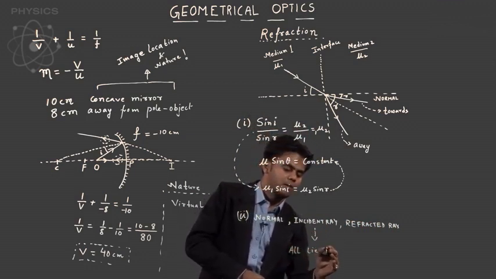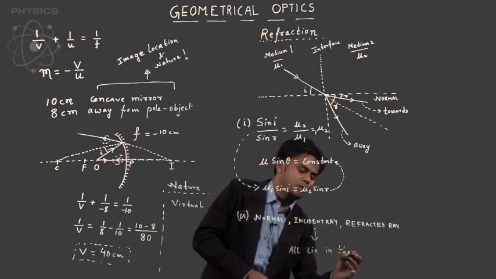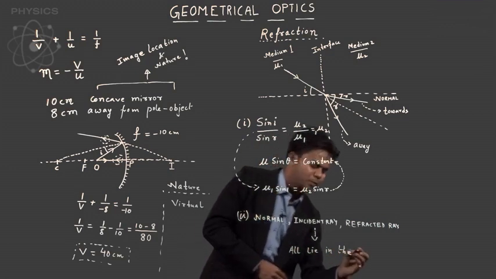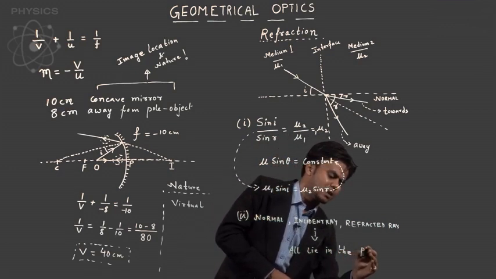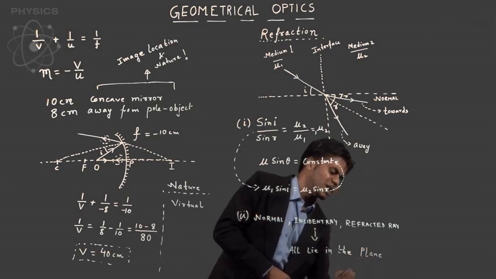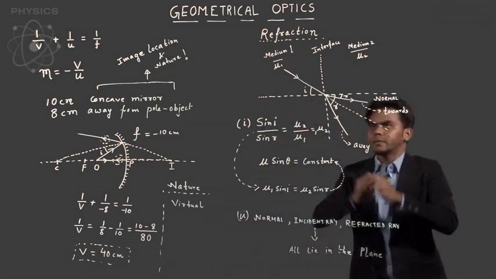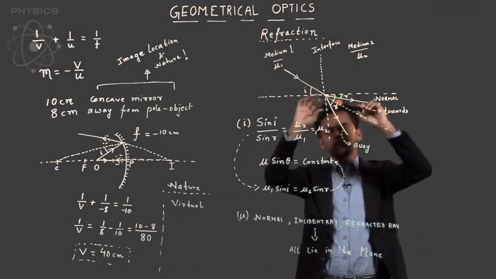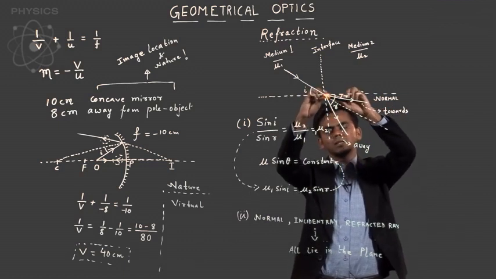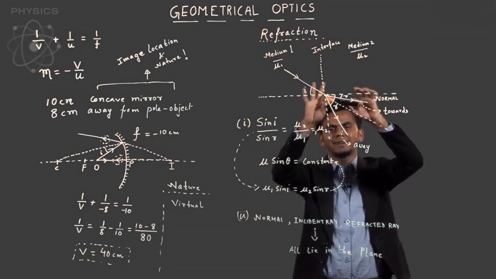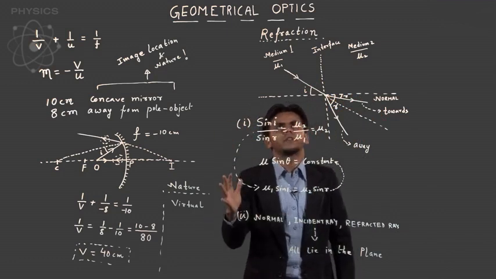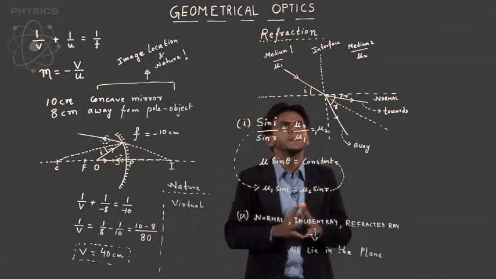Why is it important? Does it solve our problem? Yes, it does, because for the same value of r I can have a lot of rays possible. But if I put them in the same plane, I have fixed my refracted ray. So if you can remember these two laws of refraction, you're through with refraction. Everything is based on these two ideas.